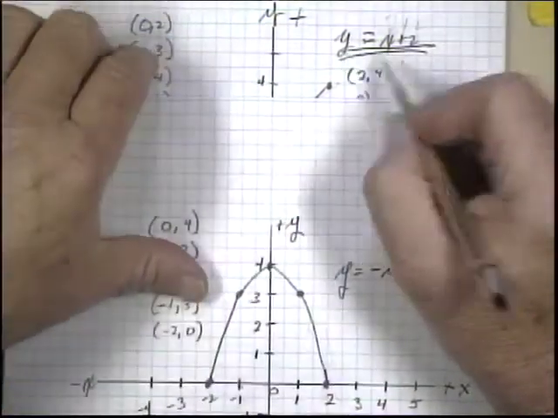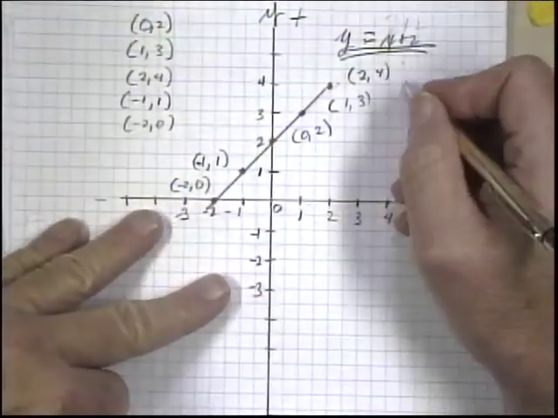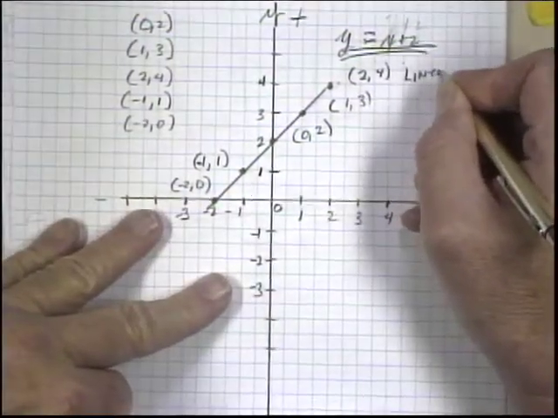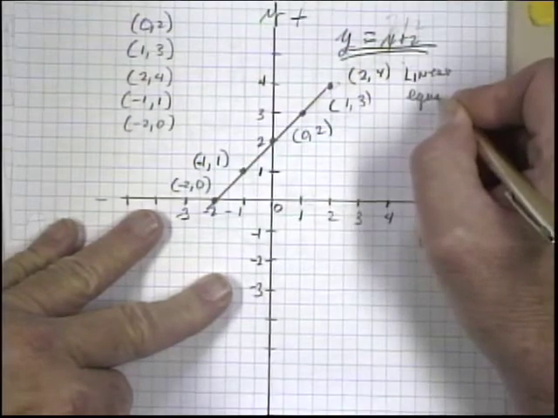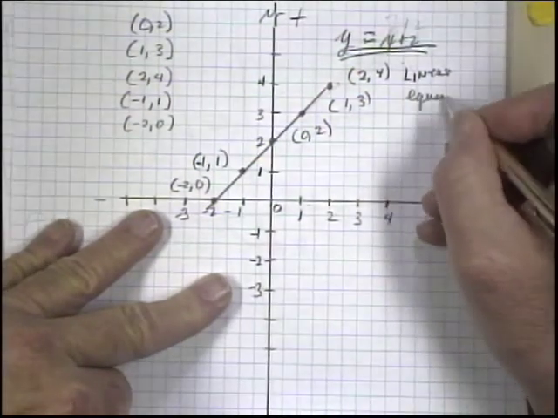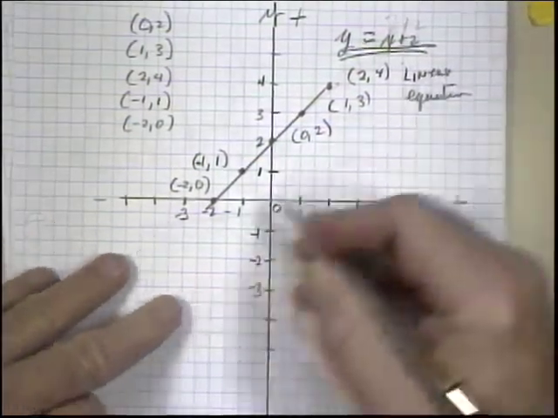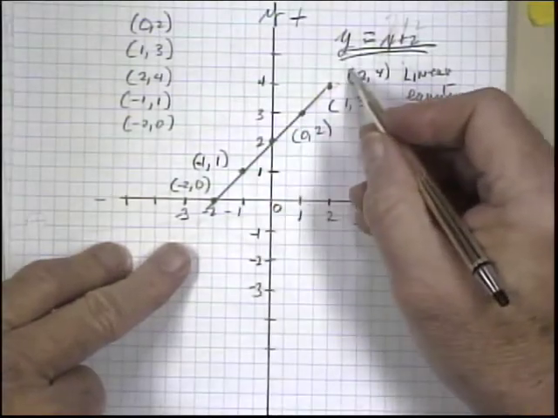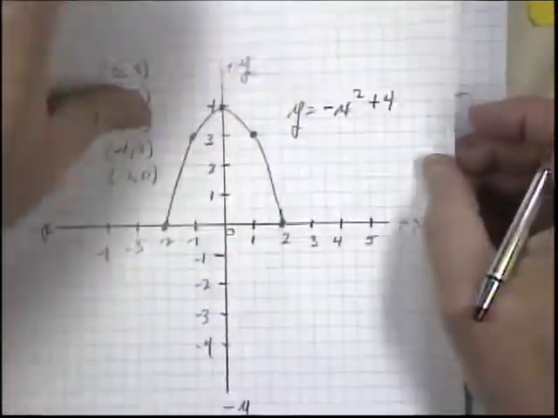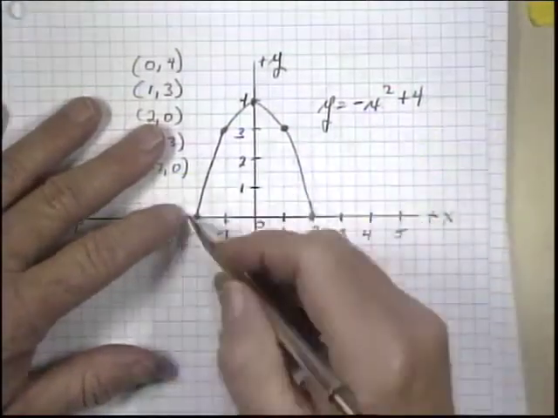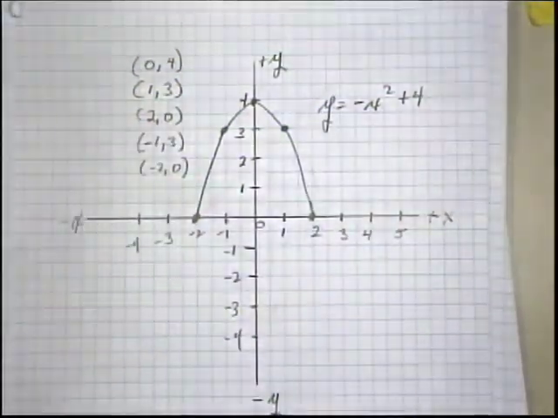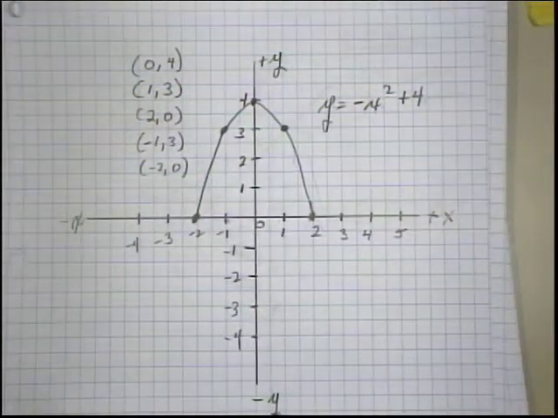This is called a linear equation. It's called that because it generates a straight line. This is not a linear equation. This generates a parabola.